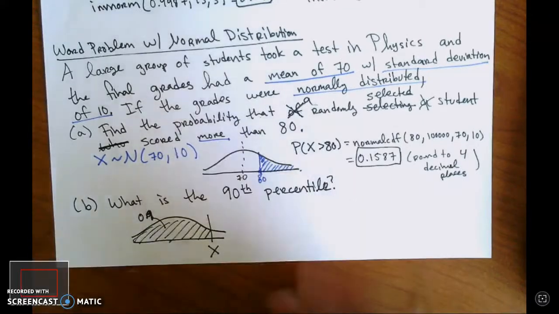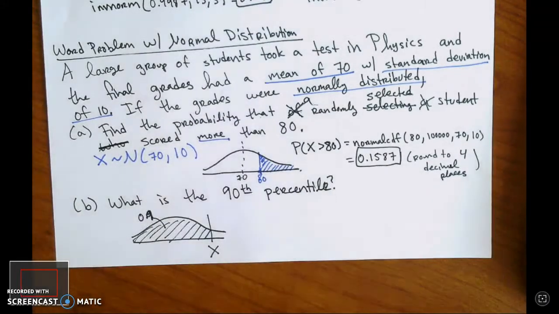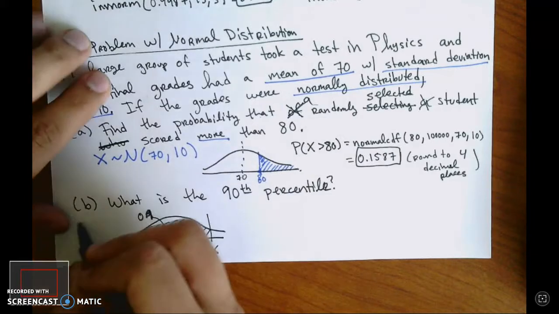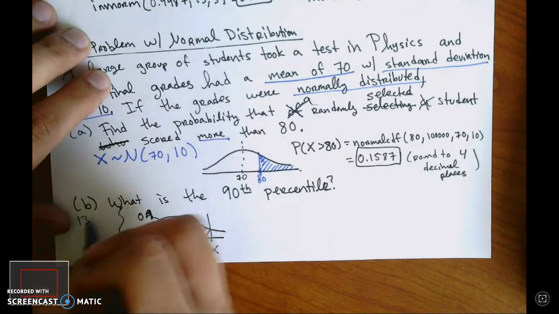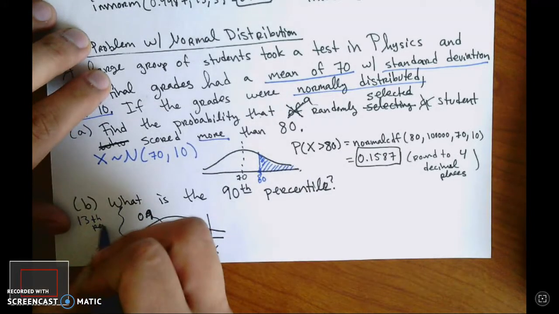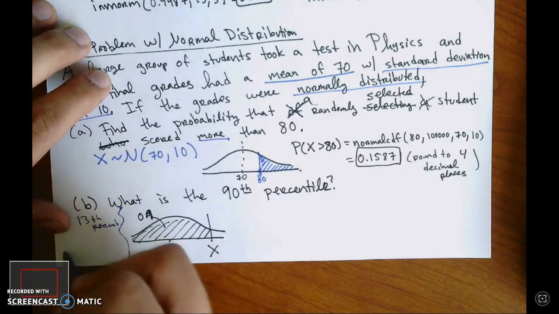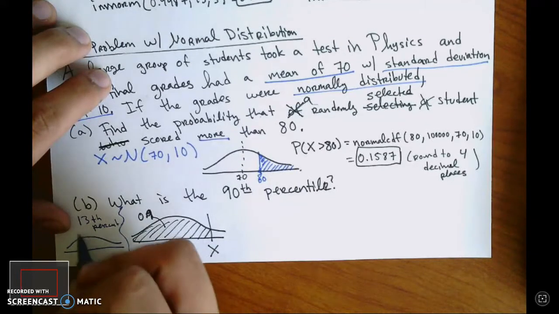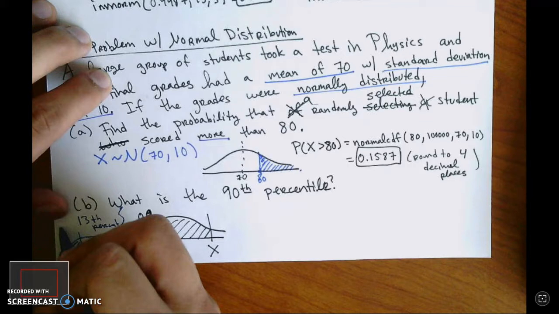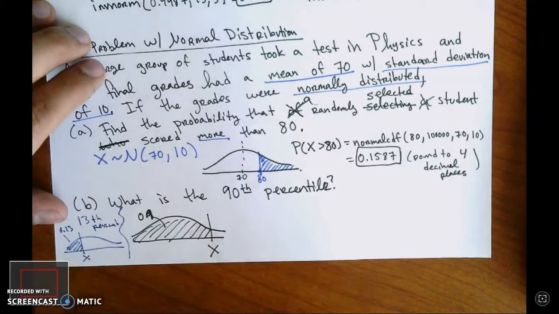So if I was looking for, I'm going to go ahead and write it in a different color, let's say the 13th percentile, then the bottom portion now is 13%. I don't know what x is, but I know that this bottom portion is 0.13. That's basically all it is.